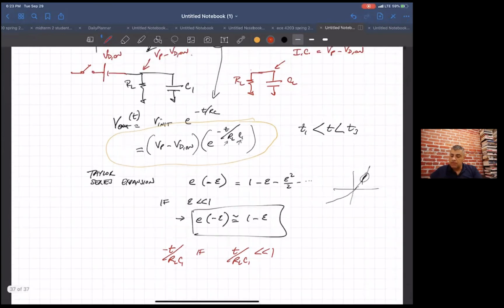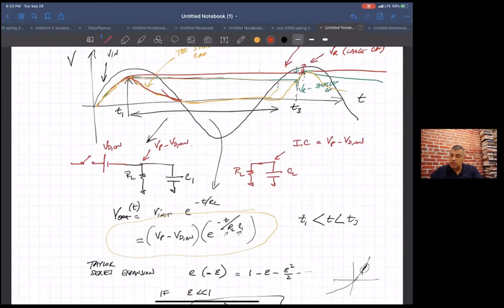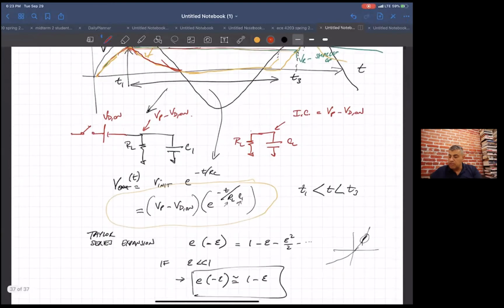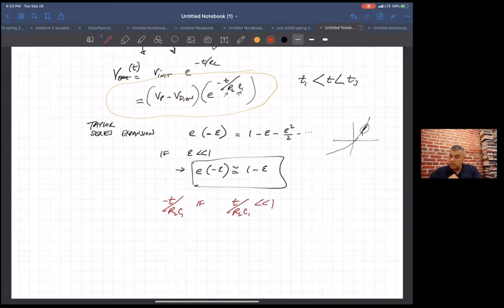It's really an exponential, but it'll look like a straight line if it's small enough. You can make it small by making C large or making R large. R you don't have control over, but you can make it small by making C large.